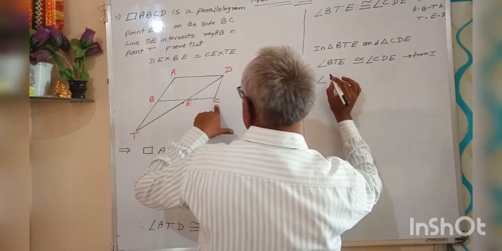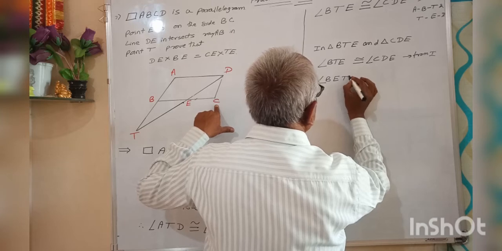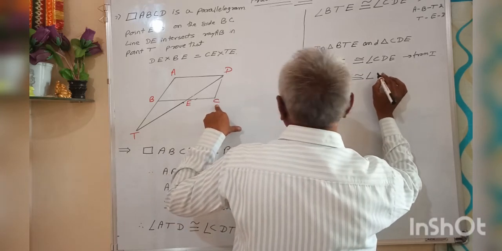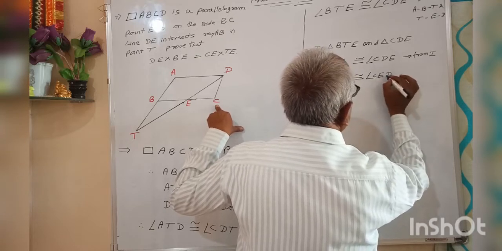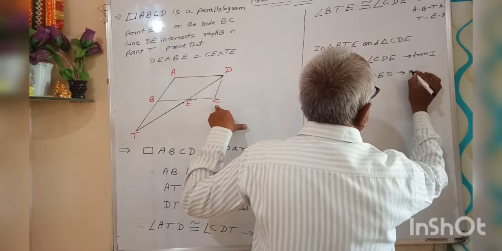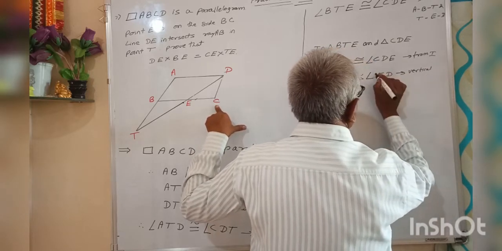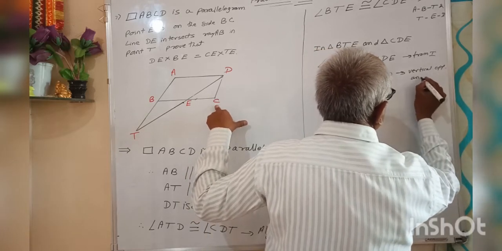Angle BET is congruent to angle CED, that is vertical opposite angle.